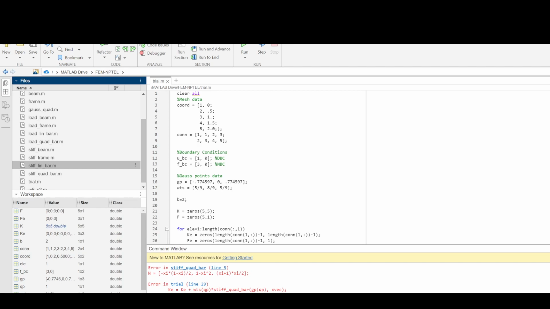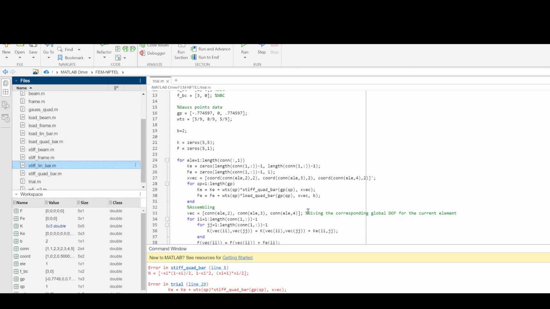Okay, we modified the function last time with A and E values, so I'll add that. First, let's use linear elements. Keep A and E as 1. Hope that's not required in the load vector.